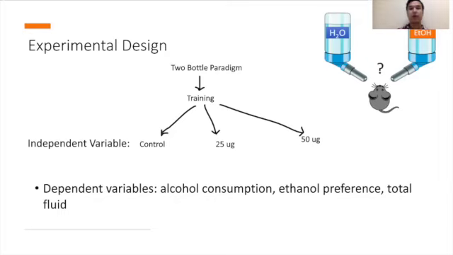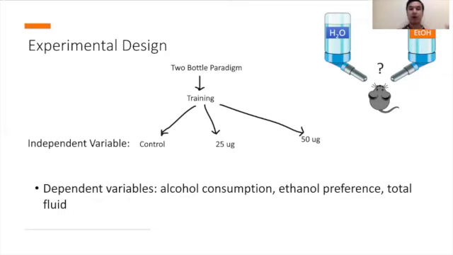So the amounts of ethanol and water consumption were measured every 24 hours or so, and the researchers changed the positions of the water and ethanol bottles to avoid place preference. So if the mice preferred a certain location for the bottle, whether on the right or left, this would basically minimize any of that place preference so that we can get effective results.